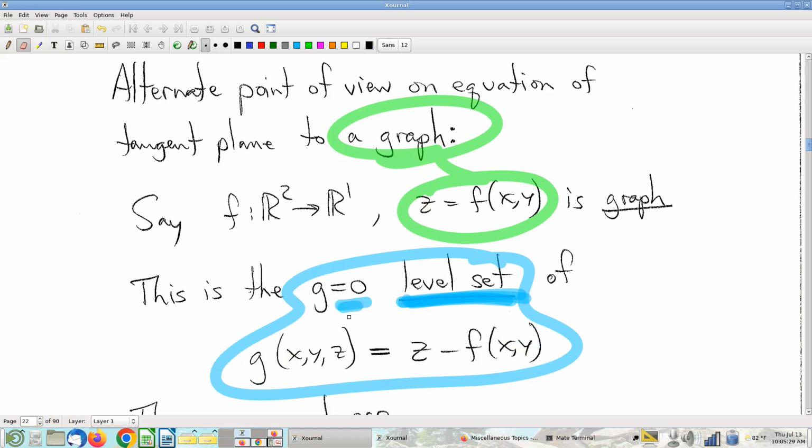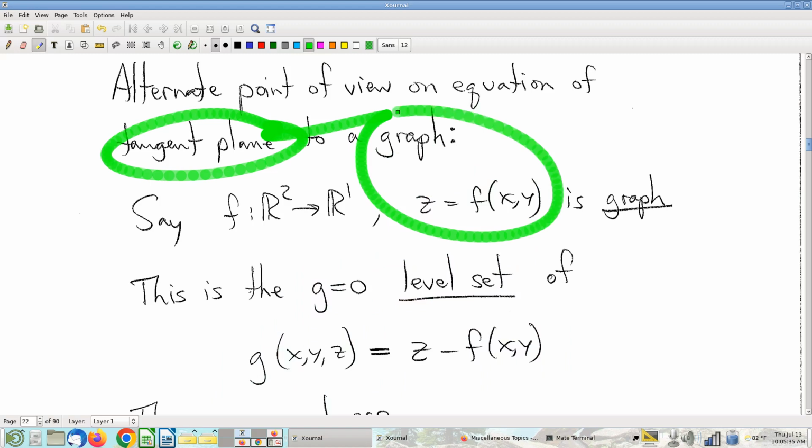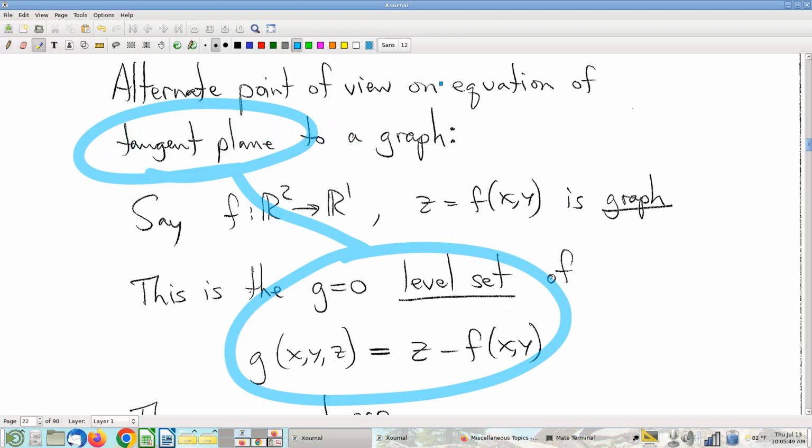So, okay, now I'm going to rephrase the question then. The original question, recall, was to find the tangent plane to a graph. Rephrase, I can just as well phrase this question as I want to find the tangent plane to this level set. And phooey on that graph business. I like level sets.